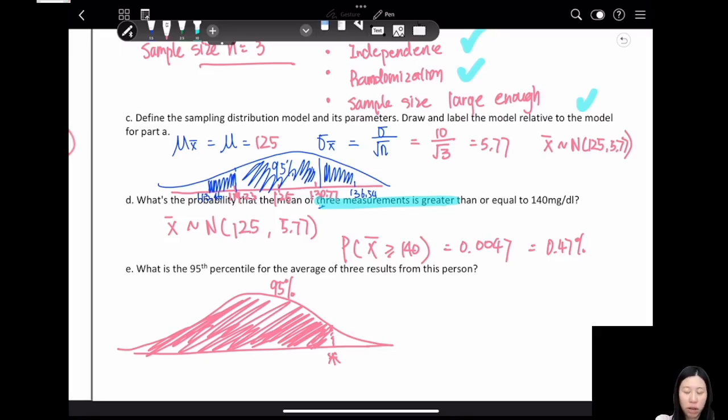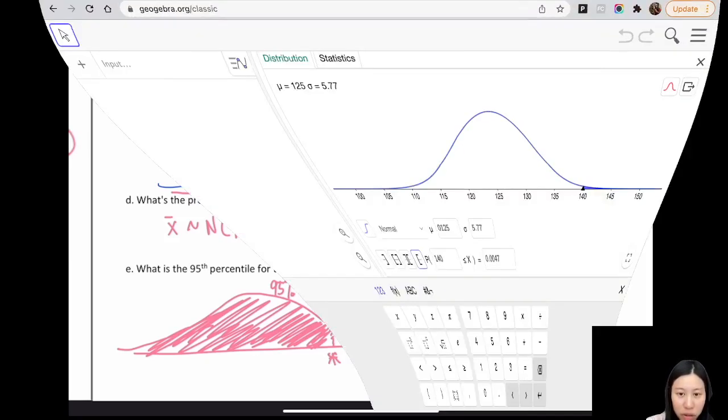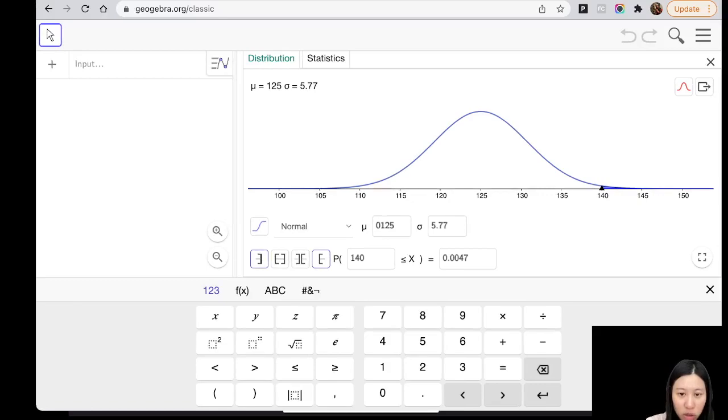Okay, so again, let's look at GeoGebra. So we're trying to find less than, and we change this to be 0.95. So we have the cutoff value, x, the average equals 134.49.